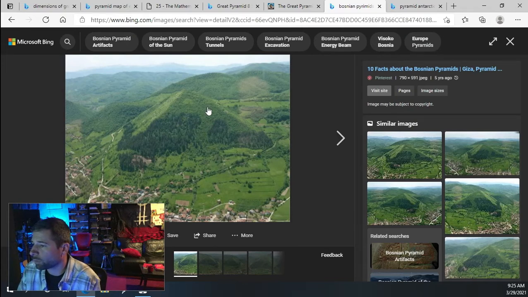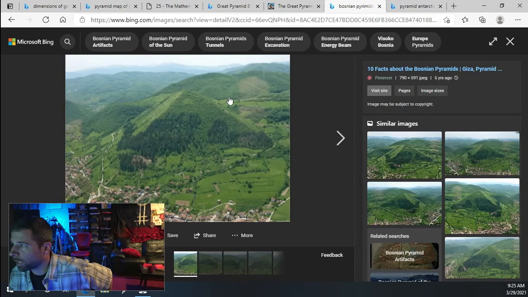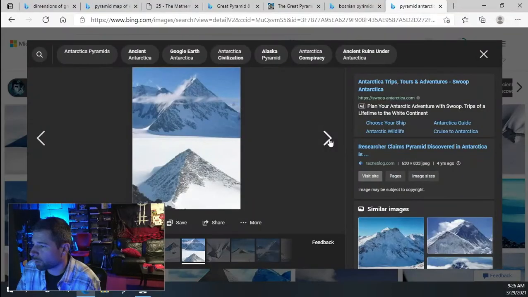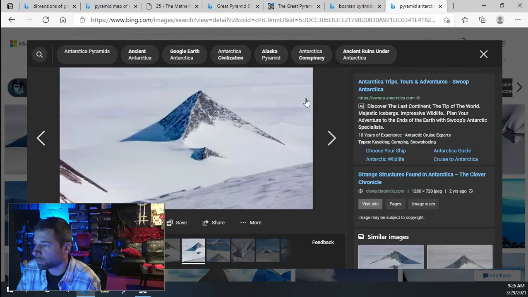Didn't want anyone to know that there was anything that old, which begs the question when you look at images like this in Antarctica, that there seem to be pyramids in Antarctica. Geologists are maintaining that these pyramids are a natural formation, just like they did with the ones in Bosnia.